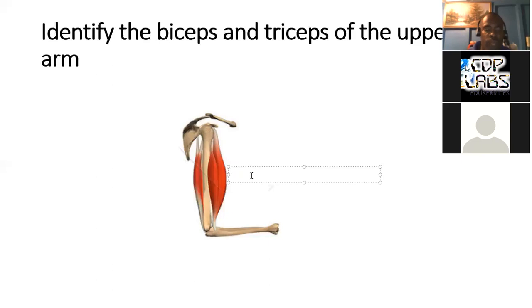Okay. And then, of course, the next one is called the what? Tricep. All right. So you guys need to identify those two. Now when I look at the notes, there are two particular terms that were used: point of origin and point of insertion.